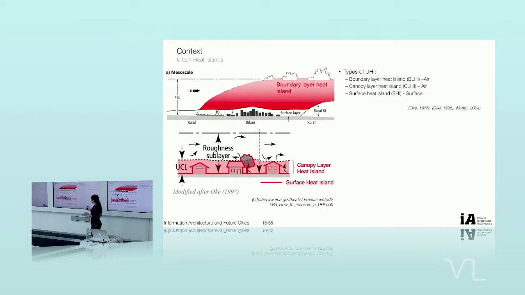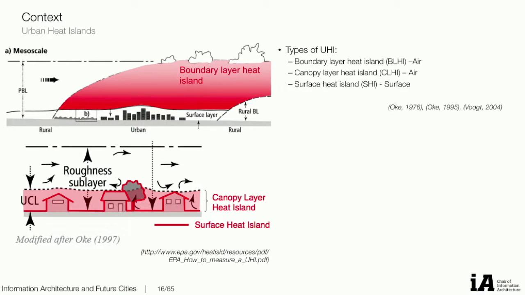So also, as we saw before, we have the different layers for studying the urban climate. We also have different layers of urban heat island. So we have the boundary layer heat island, which is in the boundary layer, as we saw before.